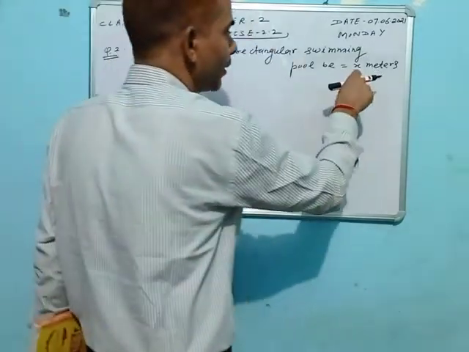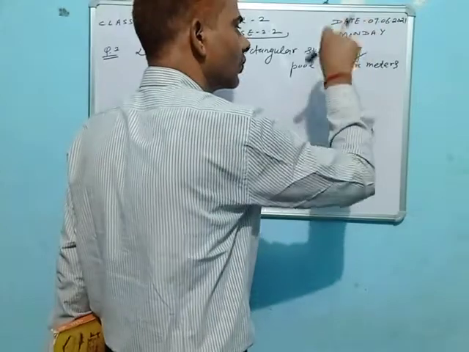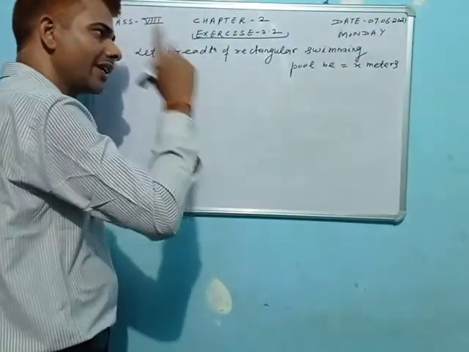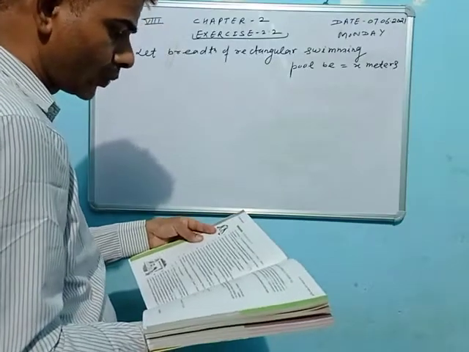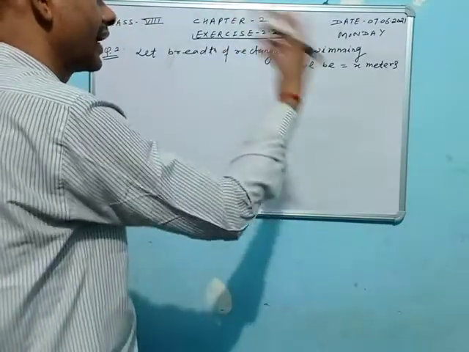Twice means multiplying the breadth by 2, and 2 more means addition of 2.